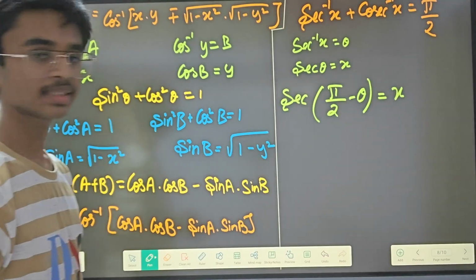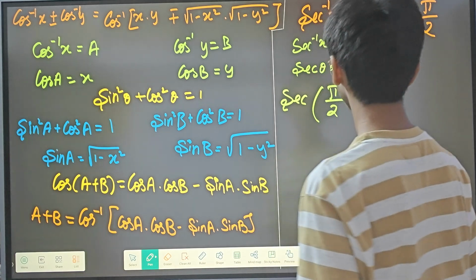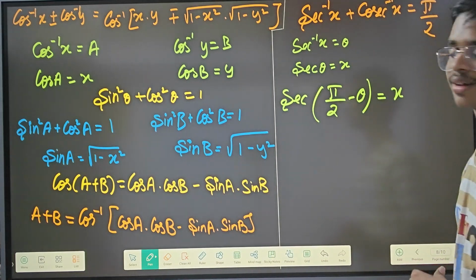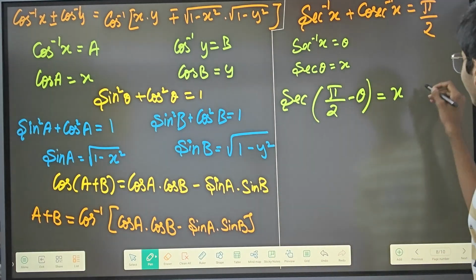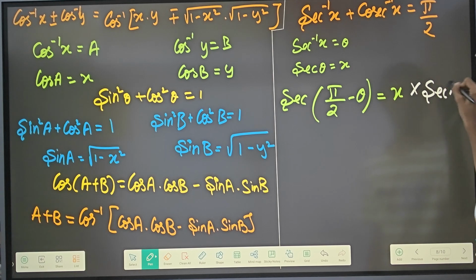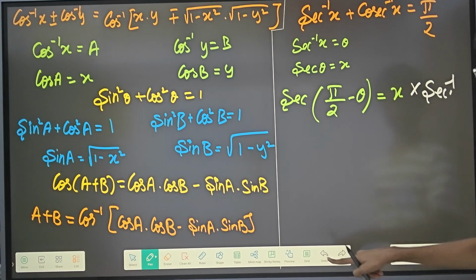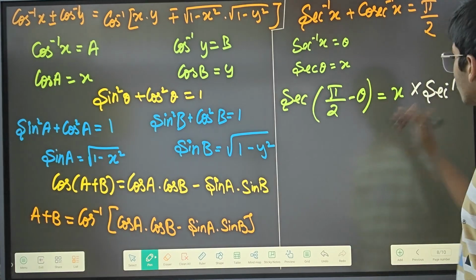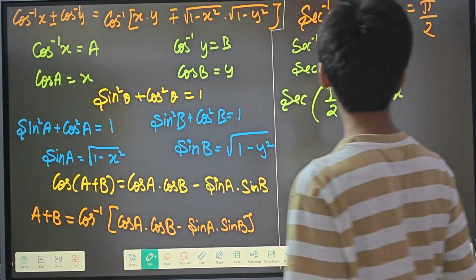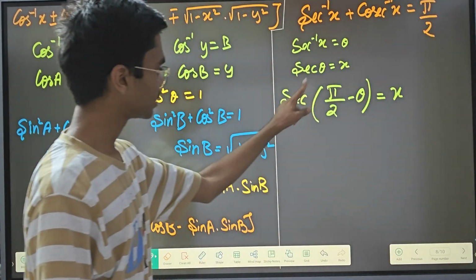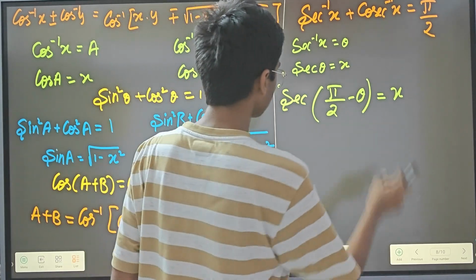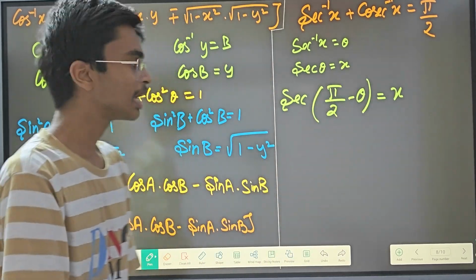Why can I multiply this total equation with the sec inverse function? Then automatically this x would have become sec inverse x, and the sec would have got cancelled. Then pi by 2 minus theta alone will be remaining.